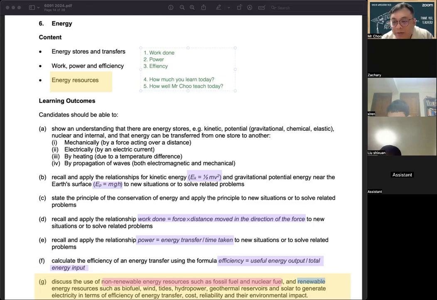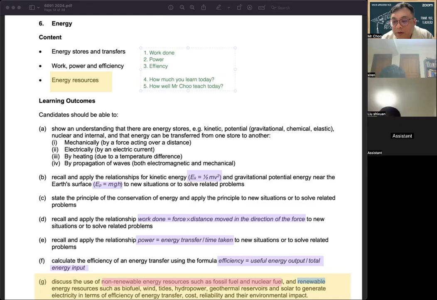Okay, Zachary may go. Siren, it is useful energy output, not total energy output. Because total energy output will be the same. It's useful energy output. Okay, Siren, you may go.